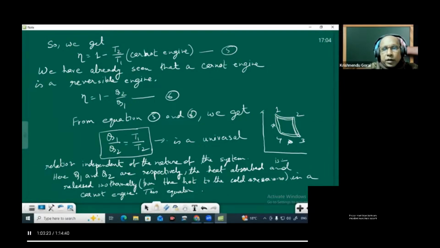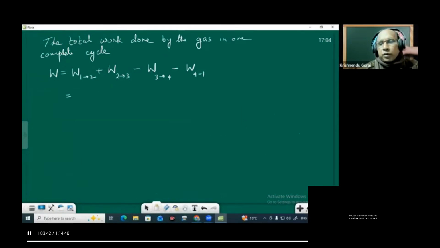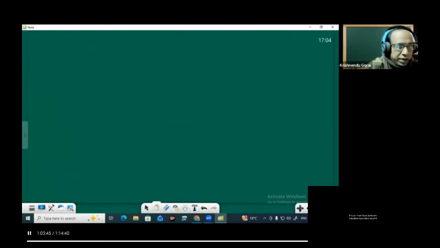This equation can be used as a relation to define a truly universal thermodynamic temperature scale.